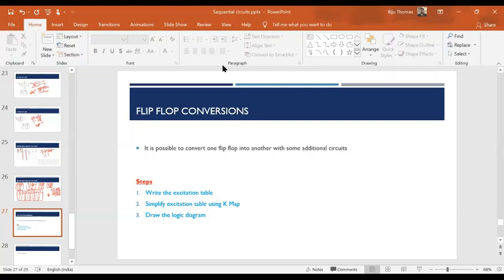Write the heading flip-flop conversions. Then write the steps for performing flip-flop conversions.